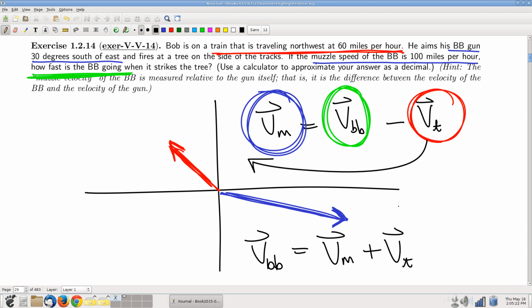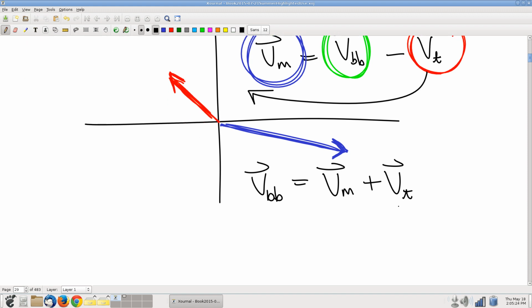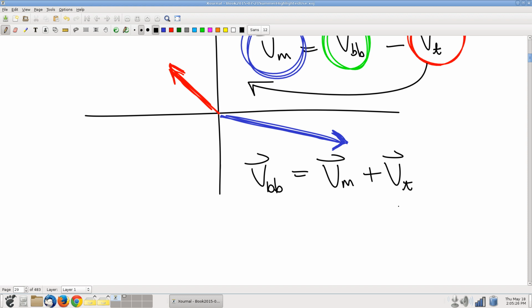Okay, so now this is where your question starts. Let's write down what these things are. The muzzle velocity: I want to look at this blue vector here. That's 30 degrees, and I know that the magnitude is 100. So I need to write down the two components of this blue vector.